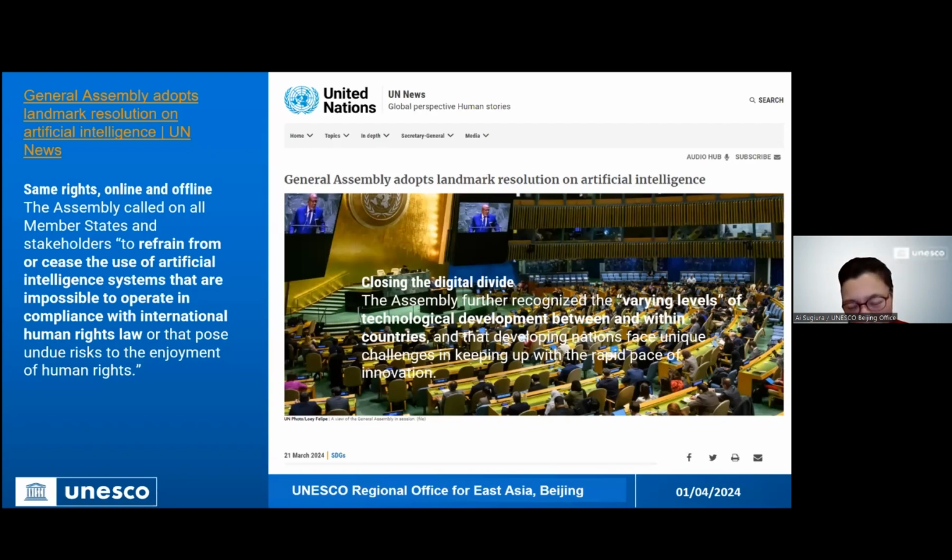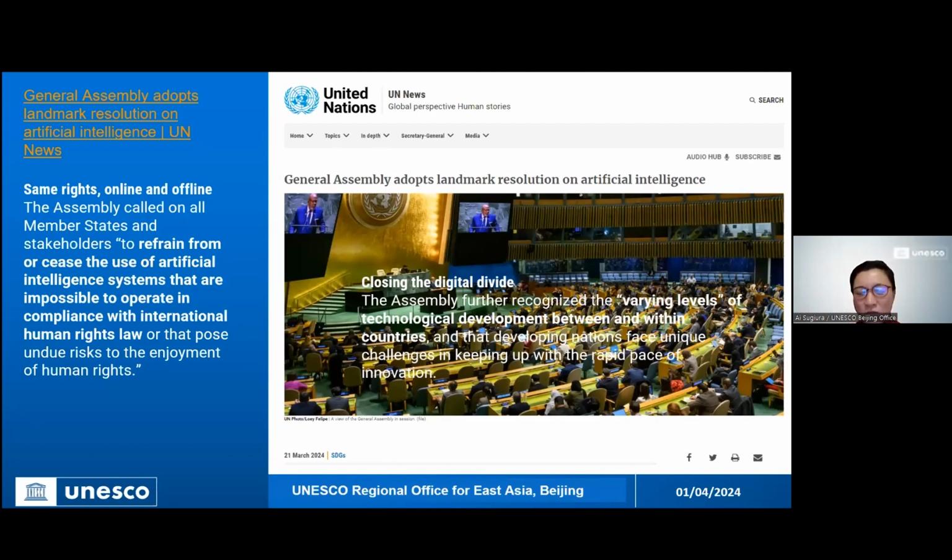And then also, most importantly, and linked to open science actually, is the closing of the digital divide. So the Assembly is recognizing the varying levels of technological development between and within countries, and that developing nations face unique challenges in keeping up with the rapid pace of innovation.